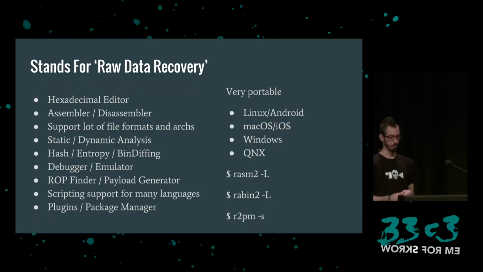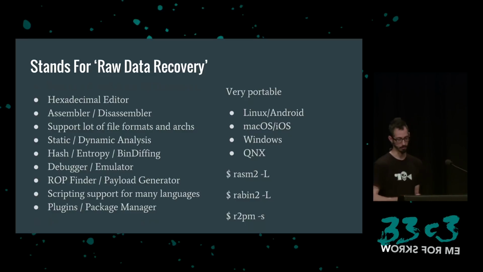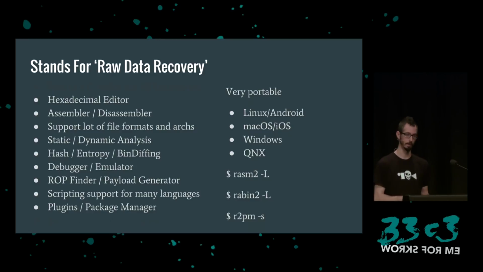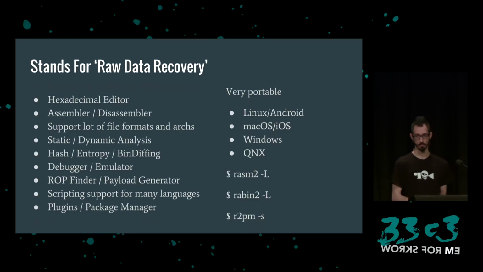It also comes with functionalities for exploiting, like a ROP gadget finder, payload generator, de Bruijn patterns, etc. It supports scripting, and there is a package manager, because there are so many extensions and plugins that people use, and I don't want to bring them all together inside the core. So it's better if I can just provide a simple way for other people to install these plugins.